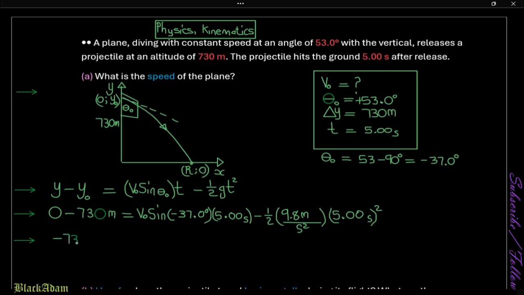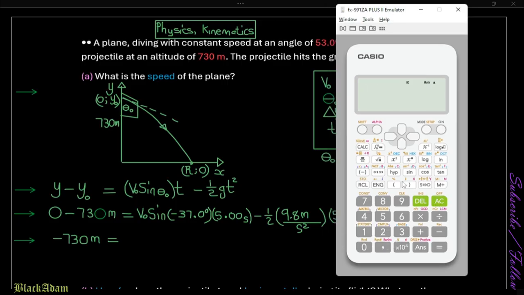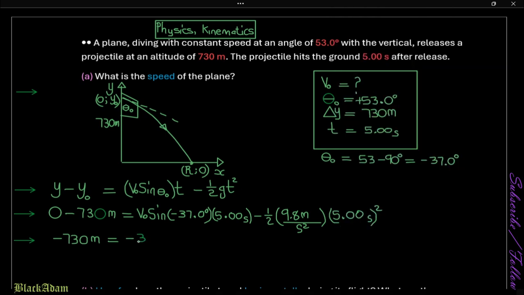So we have negative 730 meters on our left-hand side, and on our right we need to sort that out. Using a calculator, sine of negative 37 multiplied by 5 gives us negative 3.01 seconds, multiplied by the initial speed.